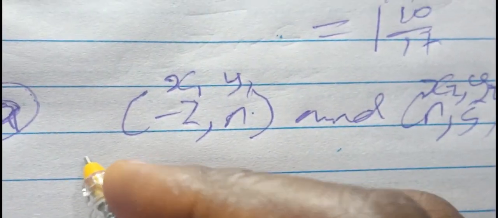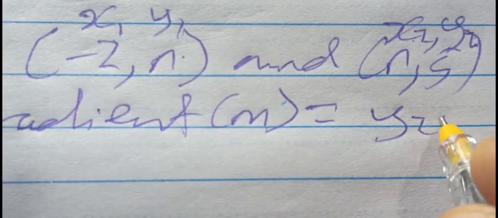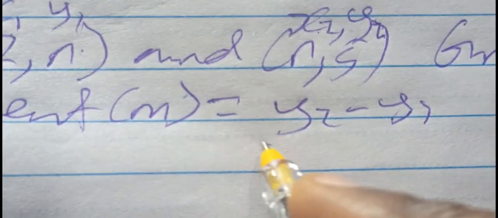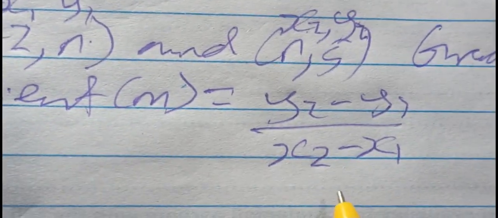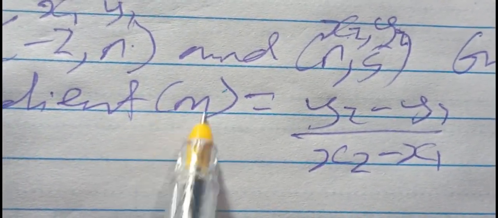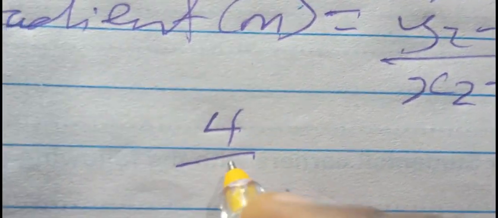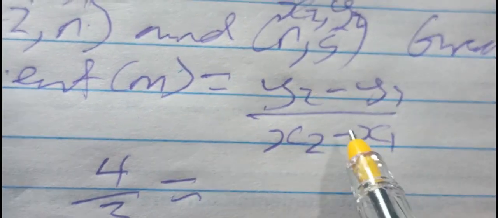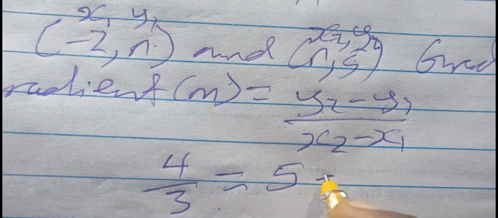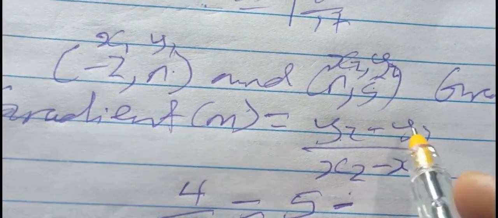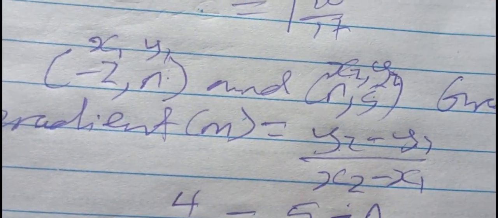Mind you, gradient, which is sometimes represented by m, is always equal to y2 minus y1, that is the difference in y, divided by x2 minus x1. So from here, what do you now have? Our gradient is 4 over 3. We substitute for that. 4 over 3 is equal to, now, our y2 is 5, so we say 5 minus our y1, which is n.